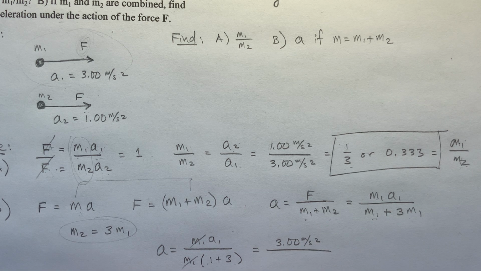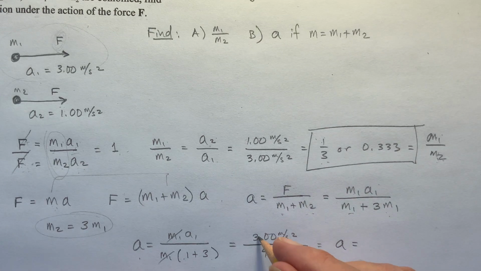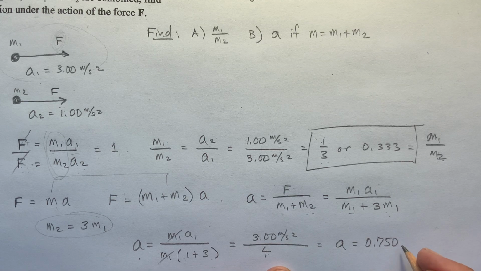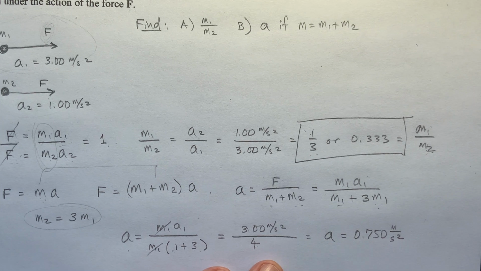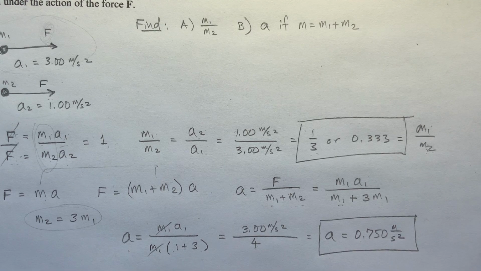And then 1 plus 3 is 4. So the acceleration is 3 meters per second squared divided by 4. And so my answer is, well, 3 divided by 4 is 0.750 meters per second squared. And there's my answer. Okay.